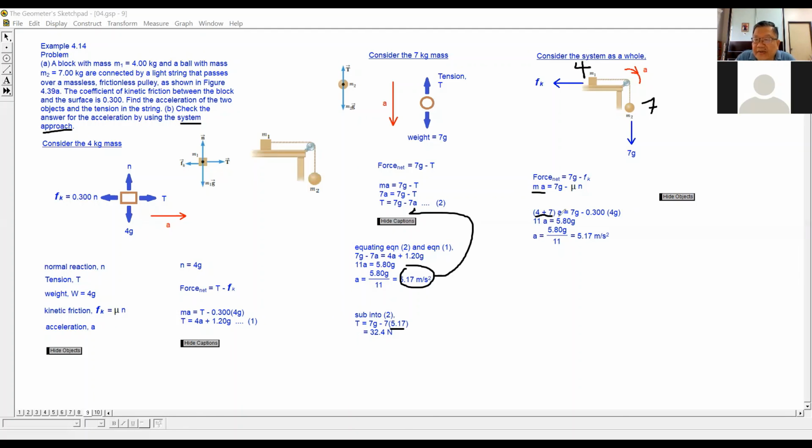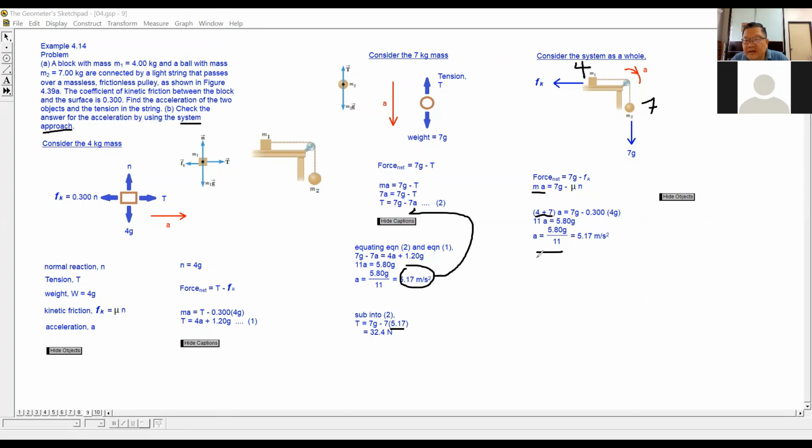So mass times acceleration is 7g minus mu n. Mu is 0.3, n is 4g. So we have 11a equals 0.8g. Sorry, 5.8g. So a again is 5.8g divided by 11.